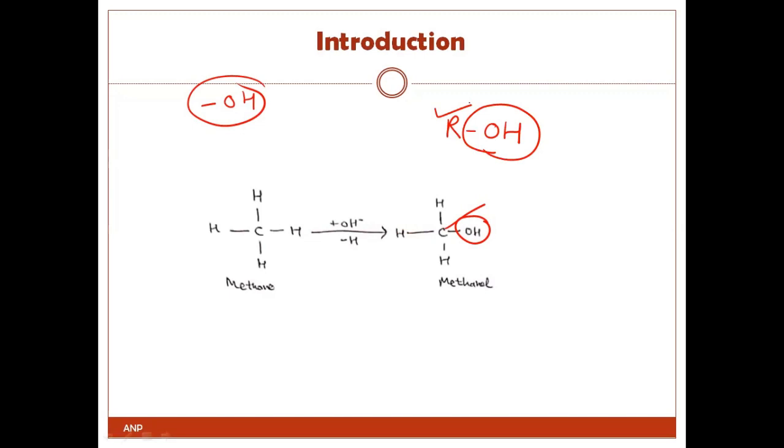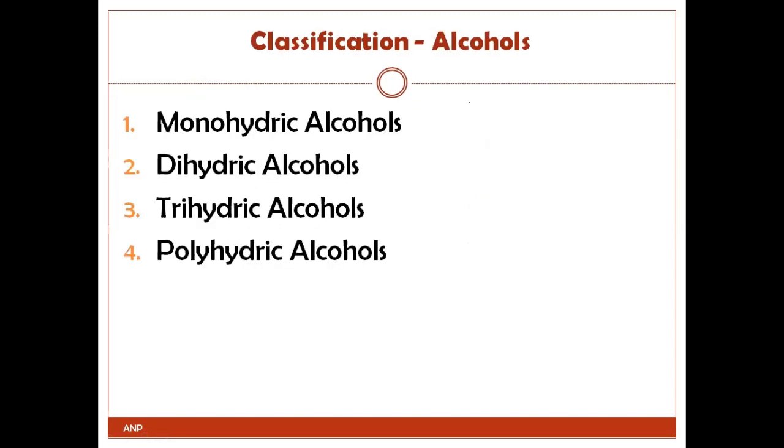Next, classification of alcohols. Alcohols are mainly classified into four classes: monohydric alcohols, dihydric alcohols, trihydric alcohols, and polyhydric alcohols. Alcohols containing only one hydroxyl group are called monohydric alcohols.